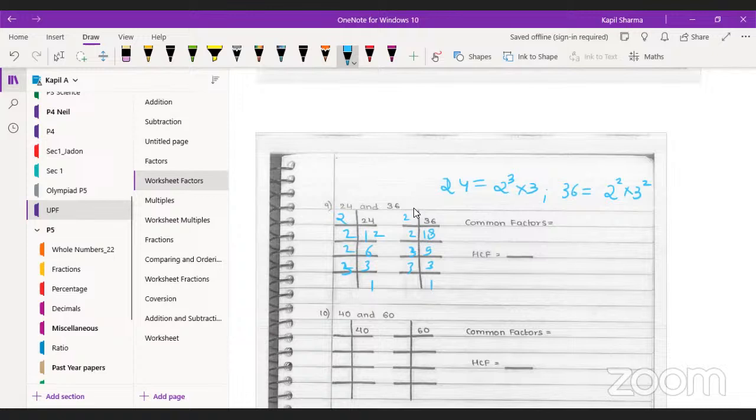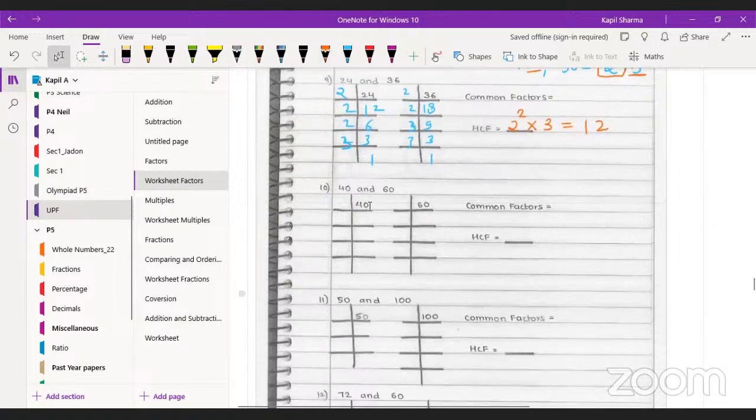Yes, so smallest power of 2 is 2 square, and then smallest power of 3 is 3. How is it 18, Swastik? 12, yeah. Okay. Yeah, fine. Devika.